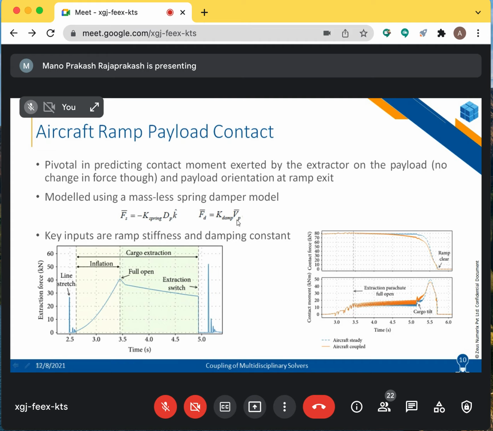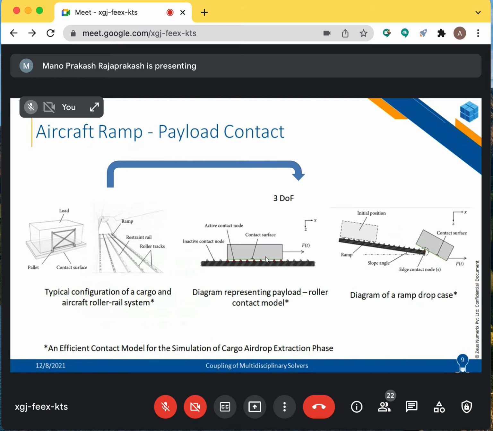And once I know my contact force, I can use it to calculate the contact moment. I'll just go back to the previous slide. Say this is the contact node. Using the spring damper model formulation we just saw, I'm going to get a force.